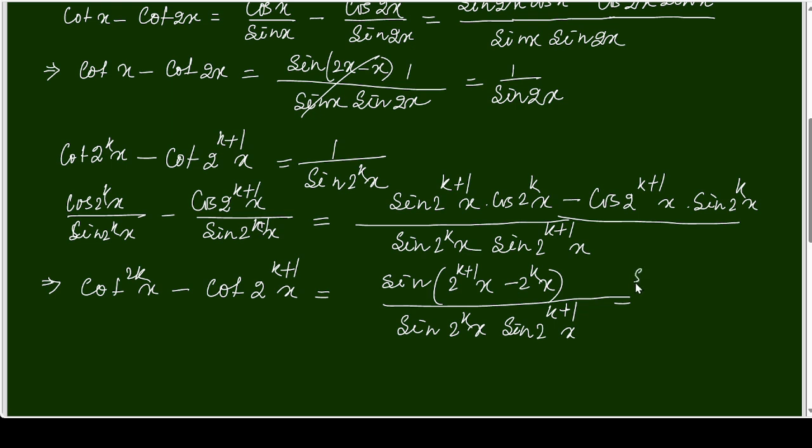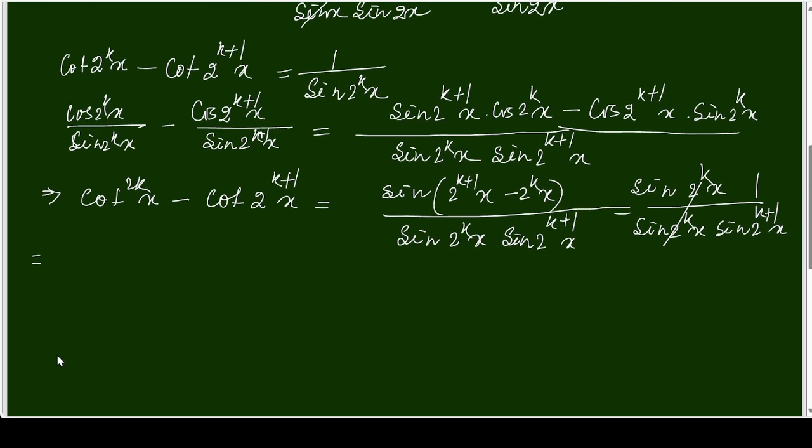By simplification, sine 2 power kx cancels, and we get 1 by sine 2 power k plus 1 x.